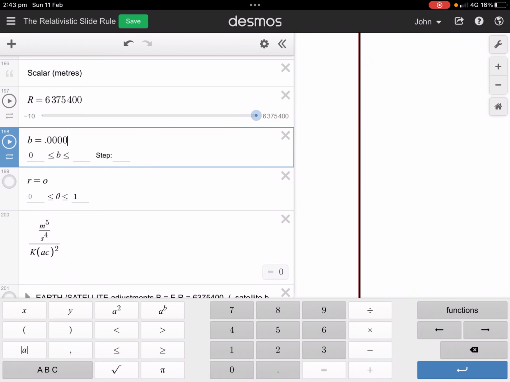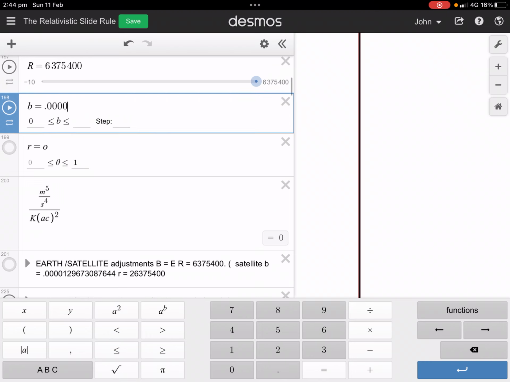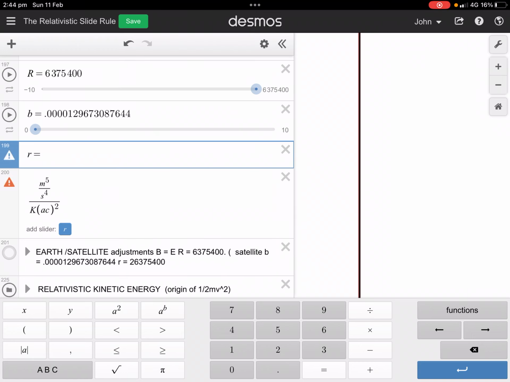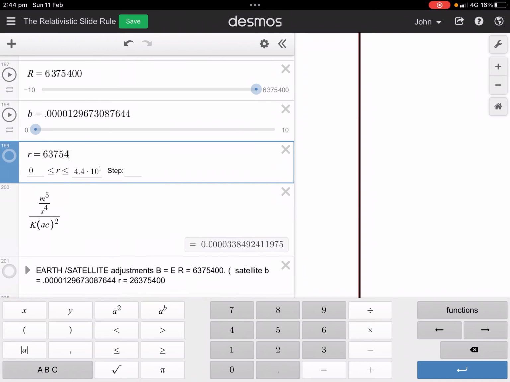And I'm just going to make this a bit more accurate. 129673087, okay, and the radius, well, that's the radius of the Earth. Whoops. And I'm just going to throw a 2 on the front there, because that's the radius where the satellite is.